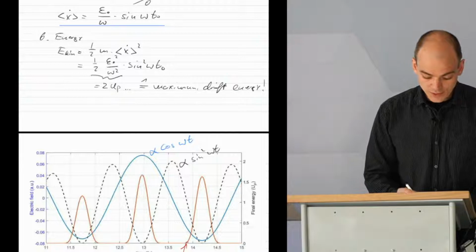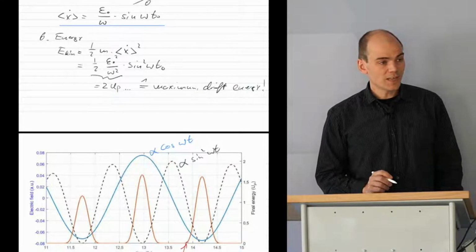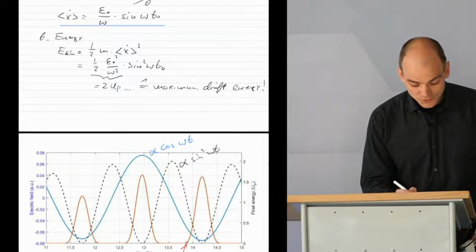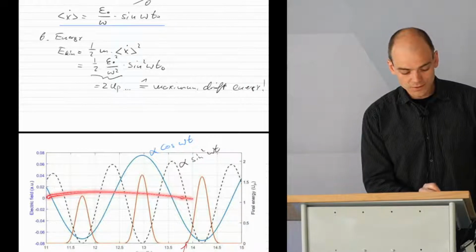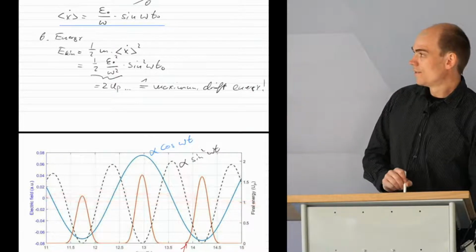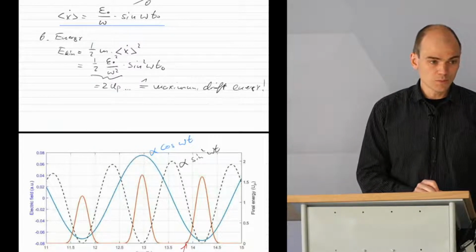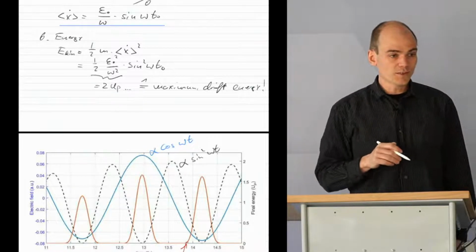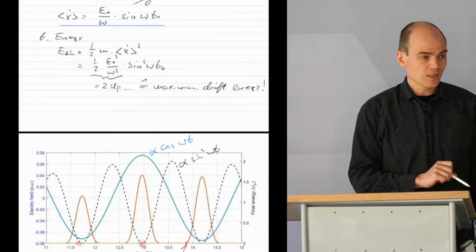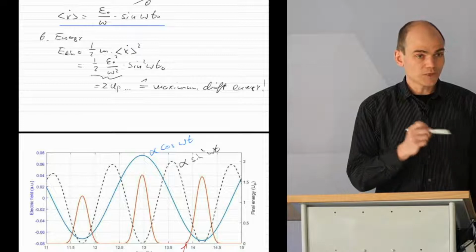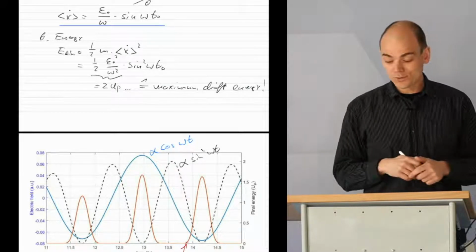So what you actually find is that the maximum of the drift energy is achieved when the electric field goes through a 0 crossing. So here's 0. And then at the points where the electric field reaches a maximum, be it with positive sign or negative sign, then the drift energy of the electron that it achieves after interaction is close to 0.